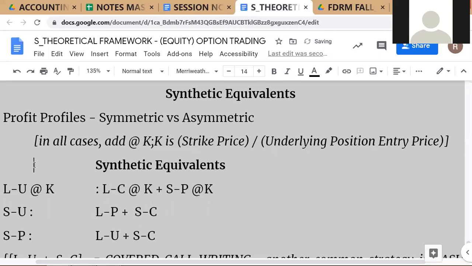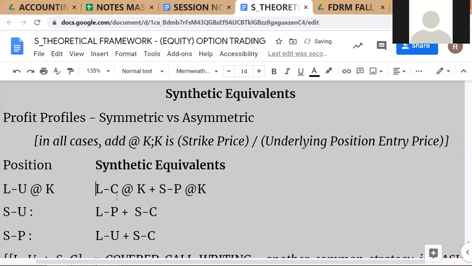So it cannot be the same market instrument combination as the position is, okay? So let's say this position is long underlying, that means let's say you're long Microsoft at K, then this is the spot instrument that you're long here. So the synthetic equivalent cannot be using the same spot instrument in Microsoft. It will use the same market, but it has to use something else, okay? So that's what you have to keep in mind.